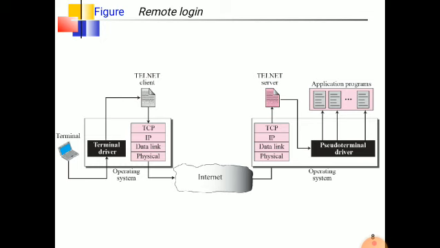You can see in the figure there is a terminal, meaning the laptop, and a terminal driver. Then, as I told you, we have to enable the telnet services: the telnet client, then it passes to the stack, TCP, IP, data link, then physical, and finally it is passed to the internet.